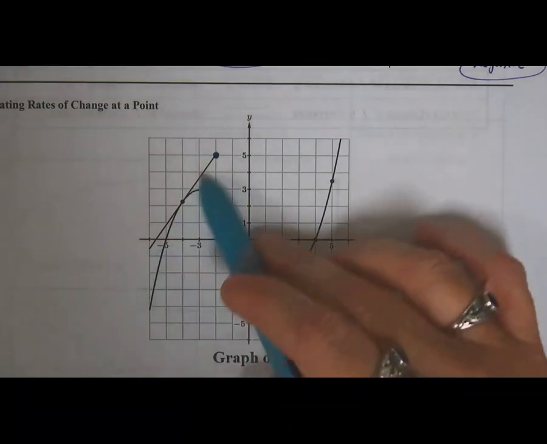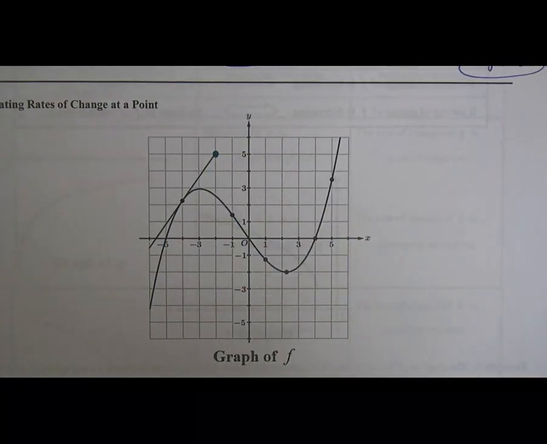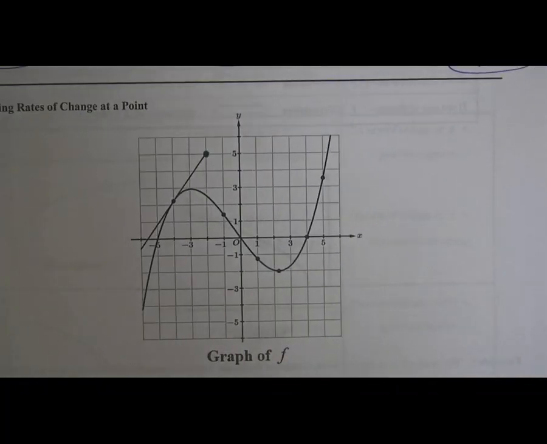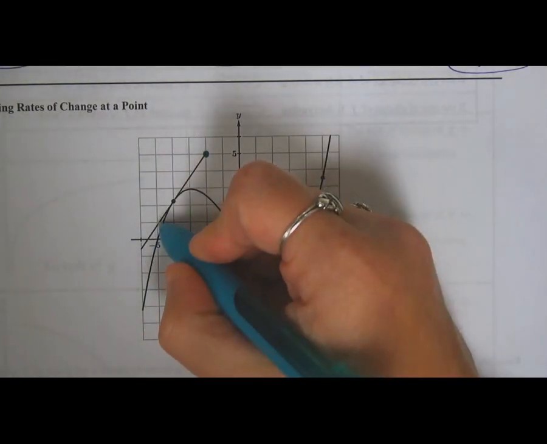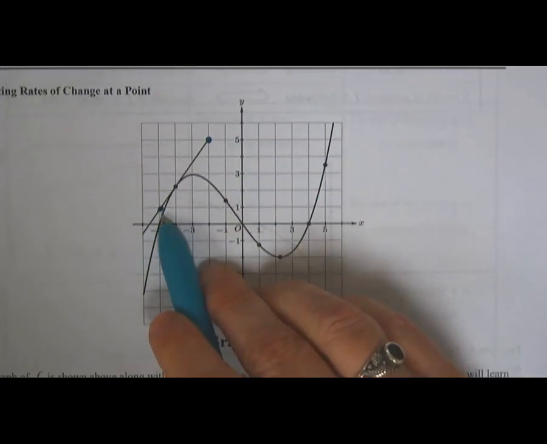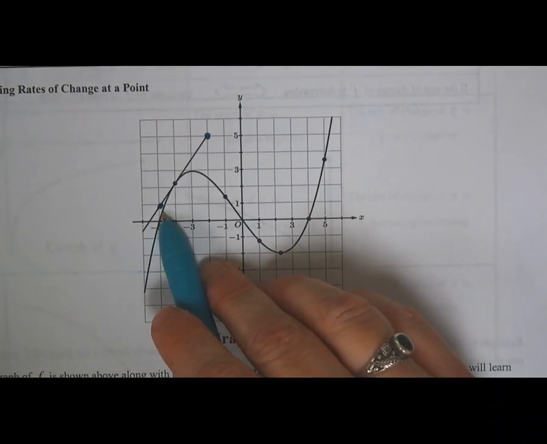Does it have a positive or a negative slope? It's got a positive slope. So big picture, we have a positive average rate of change here. And then, I don't know, this kind of looks okay. It's not super clear, that negative 5, 1. It's not really going through negative 5, 1, but we can estimate.